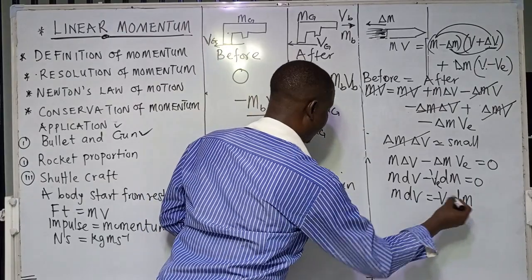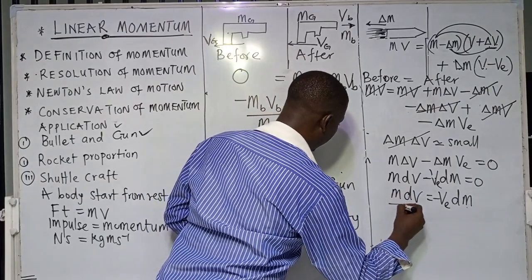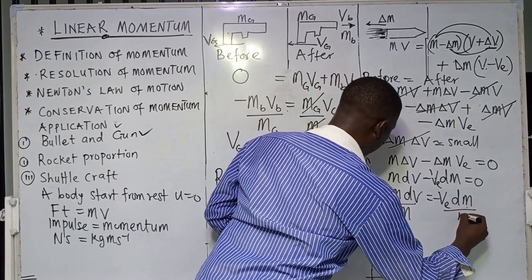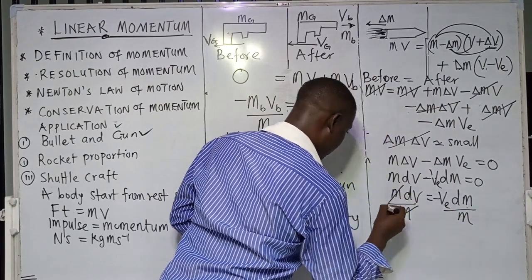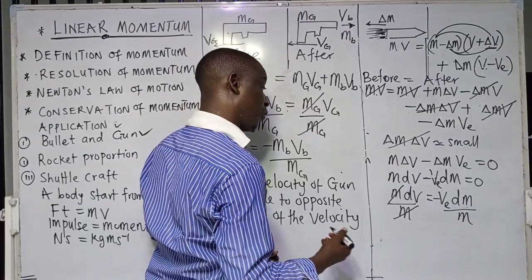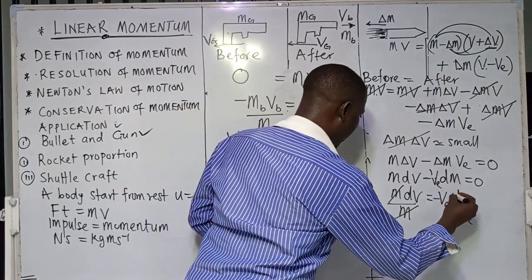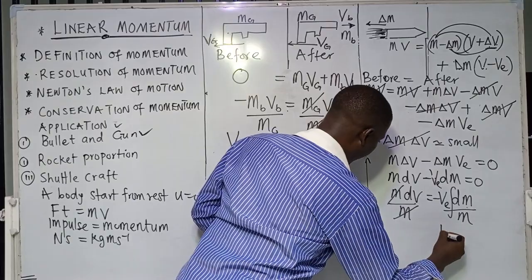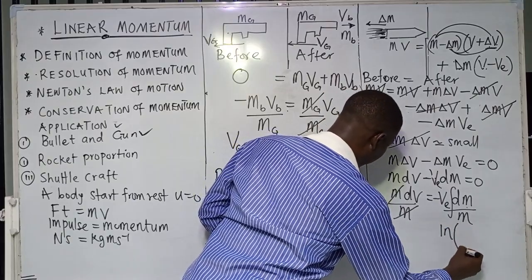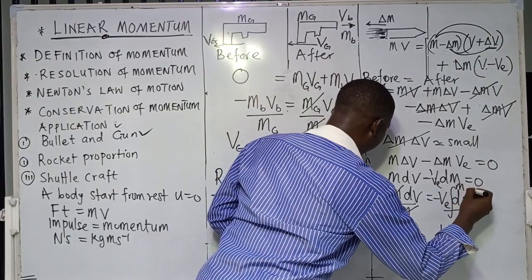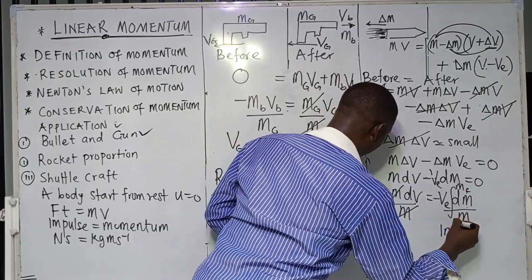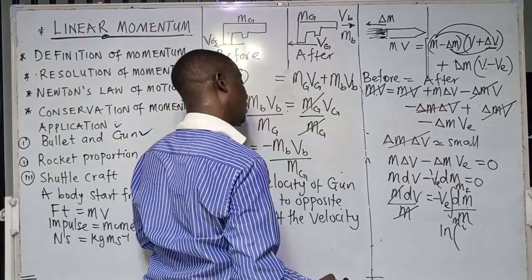Now because of the mass, we divide both sides by m. Some of us might not be concerned with this, but if you integrate this one now, it will give you ln, taking m final and m initial.